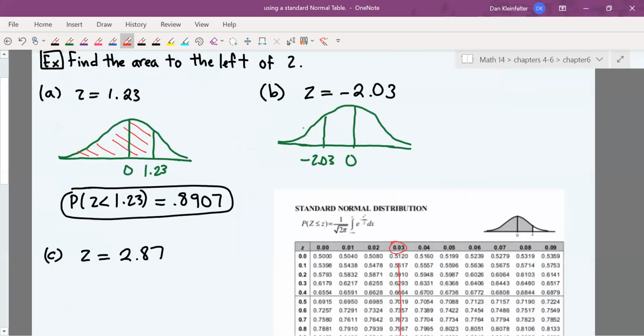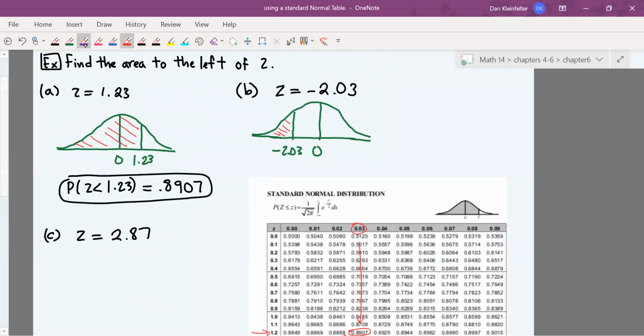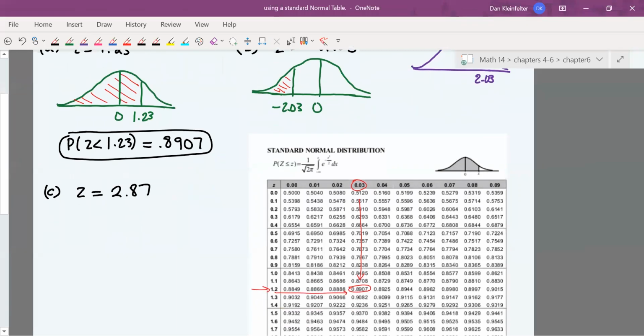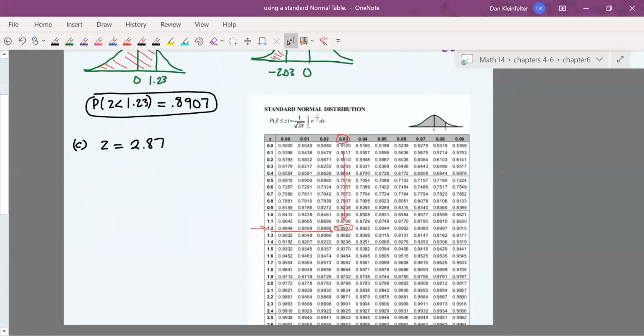And we want the area to the left of that cutoff. So using our negative infinity to z table, the area to positive 2.03, 2.03.